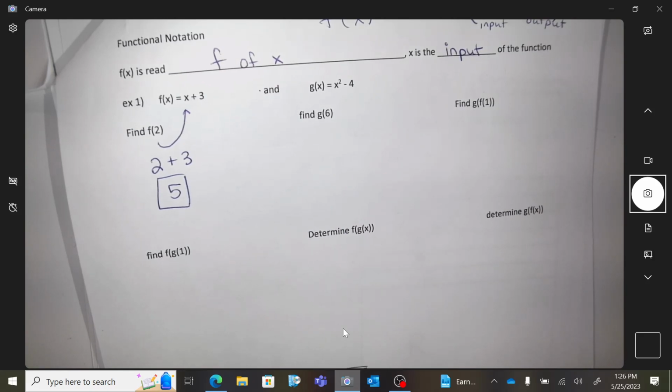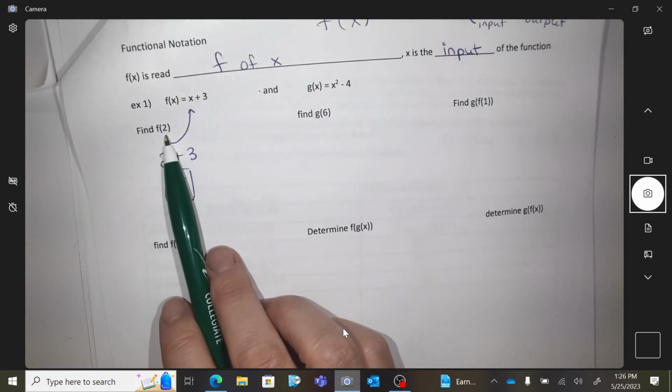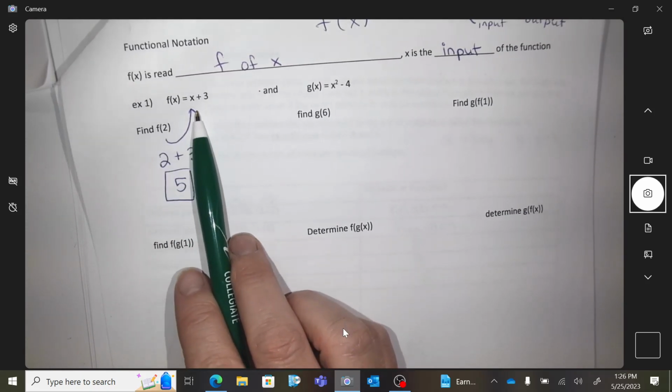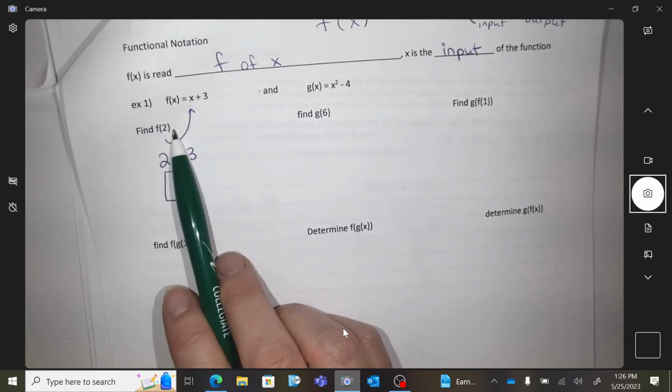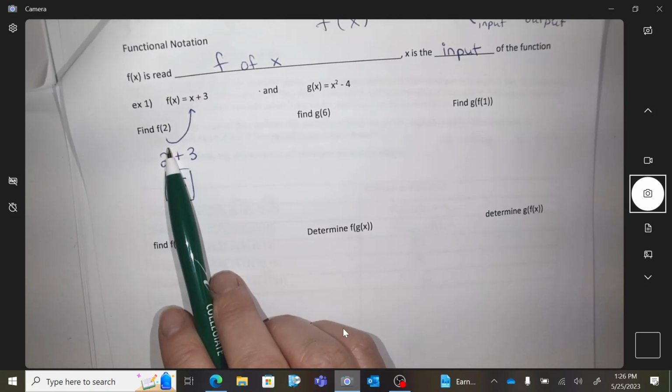If I input a 2 into the function that's called the f function, I would get out a 5. F of 2. Plug a 2 into this function. Instead of plugging in an x, your x is now going to turn into a 2.